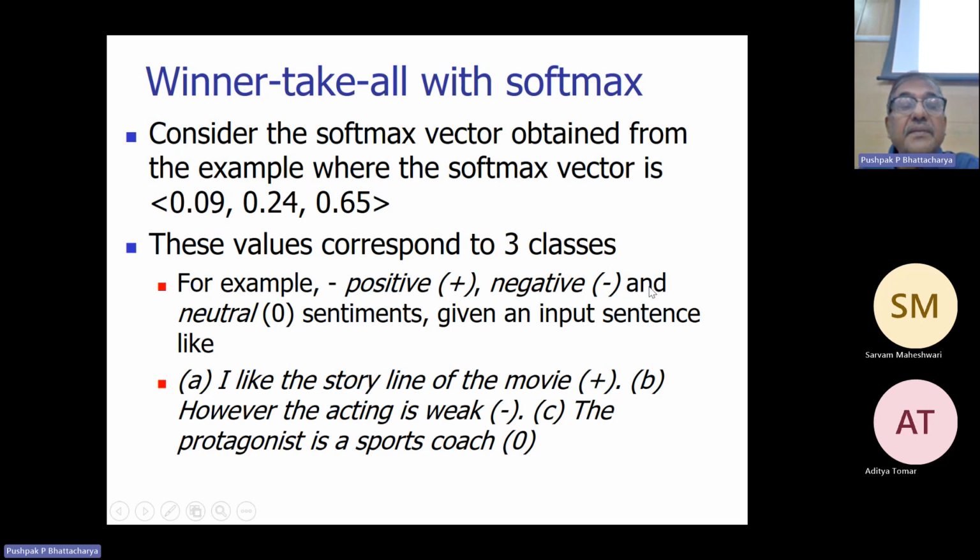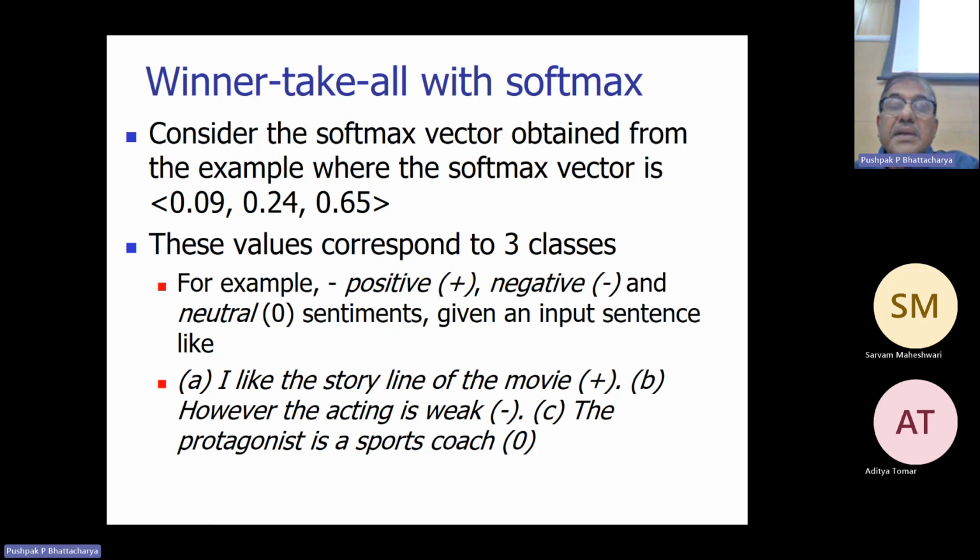In this particular case, the probability of positive sentiment is about 0.1, negative sentiment is about 0.2, and neutral sentiment is 0.7. So most probably, the input text has neutral sentiment. It's neither positive nor negative.